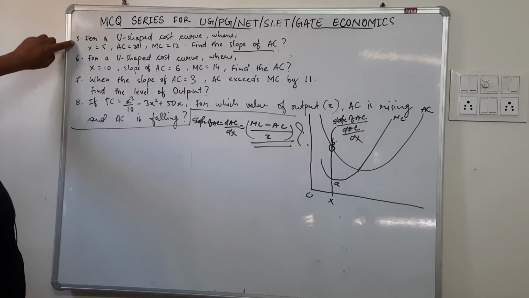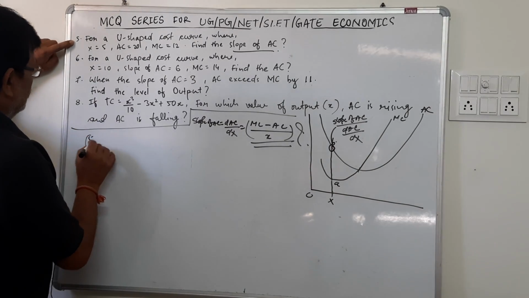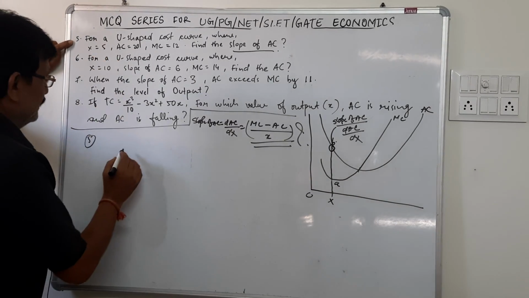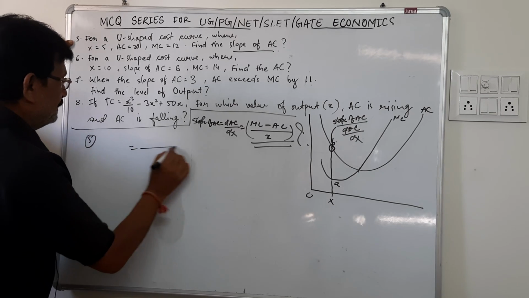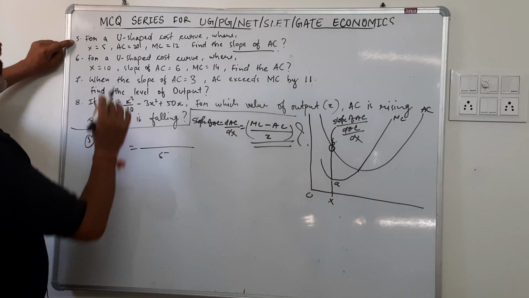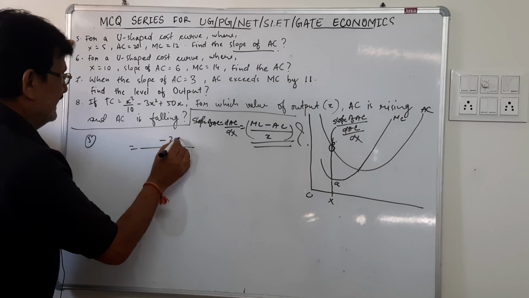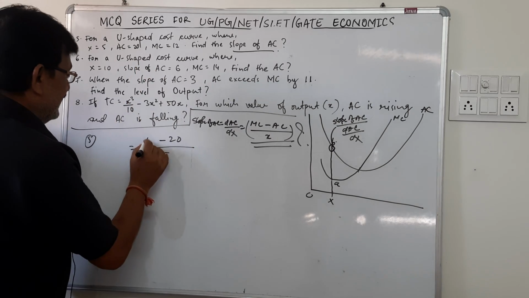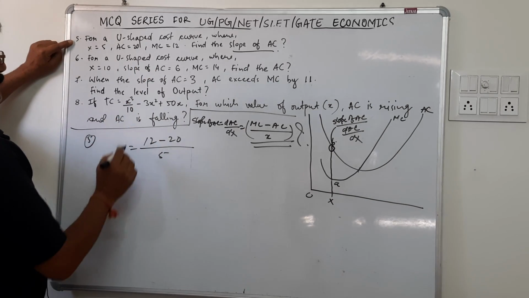So question number 5, X is 5, AC is 20, MC is 12.